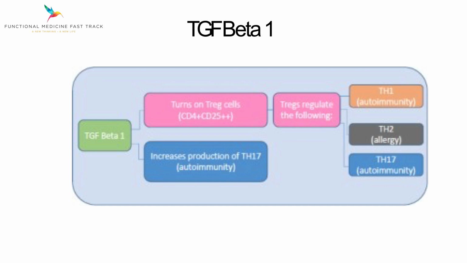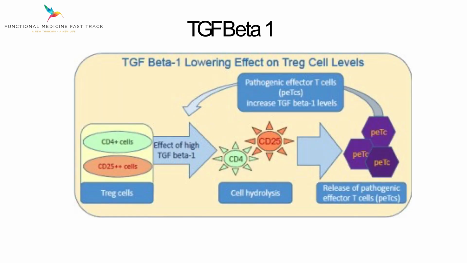It increases production of Th17, which is involved with autoimmunity. It regulates Th1, Th2, and Th17. So that is the basic response to understand that it's very involved with heightened immunity. And this is just showing you how the pathogenic effector T cells increase TGF-beta1.